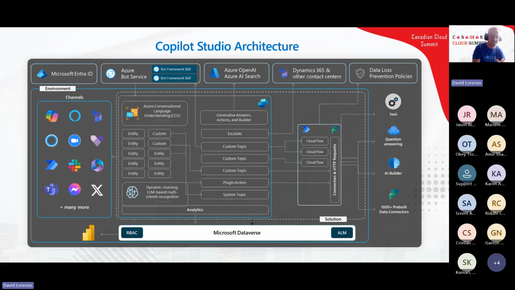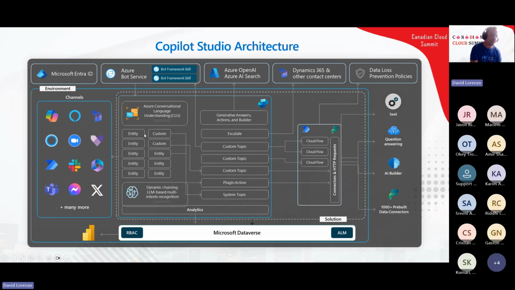Starting from the center of the screen, we can see this dashed line, which corresponds to a Dataverse solution. A Dataverse solution is like a box with a lot of components inside. All these components are what compose a Copilot Studio agent.